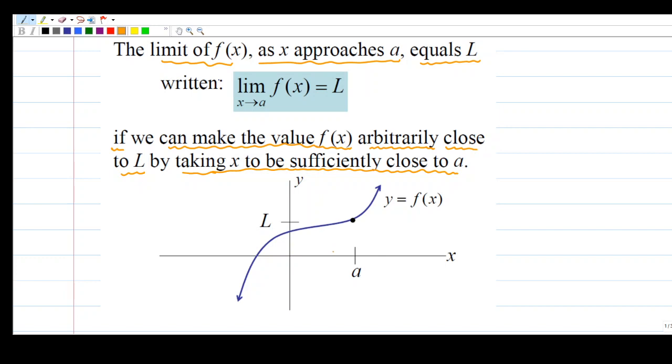So as you approach a from the left, you can see that the output, f of x, approaches L. And if we approach a from the right, then you can see again that the output for f of x also approaches L. So this is an illustration of what's happening. We now look at examples.